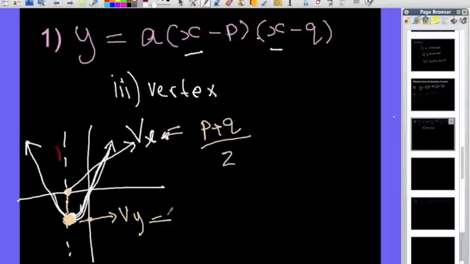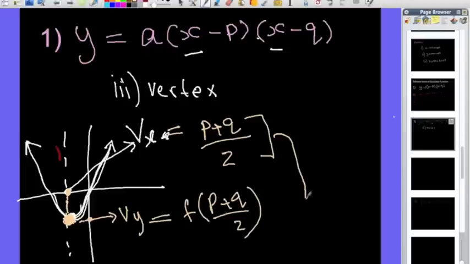And for vy, we use the formula f of (p plus q) divided by 2. Whatever we get here, we substitute inside, and f means that we substitute this in the whole equation. Let me show some examples so maybe we can understand better.